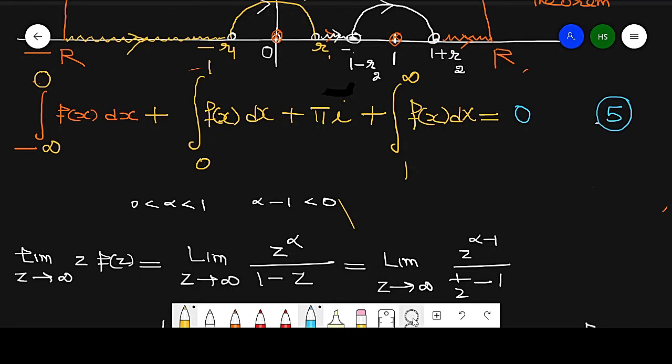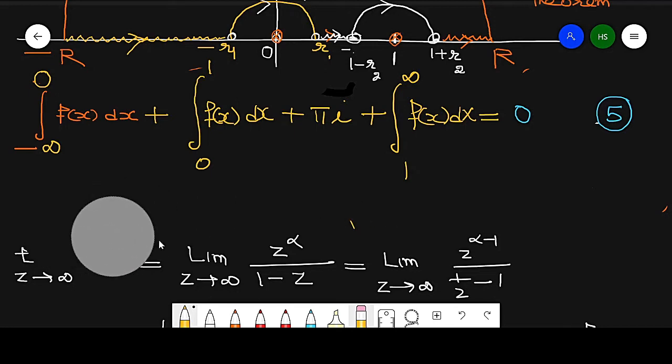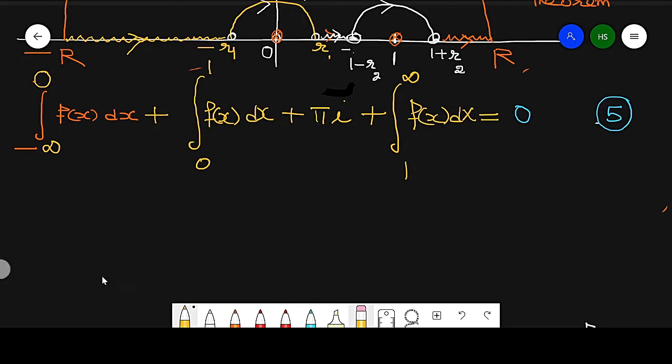So what is the value of this integration? If I remove all these terms, I will find the integration of this value.